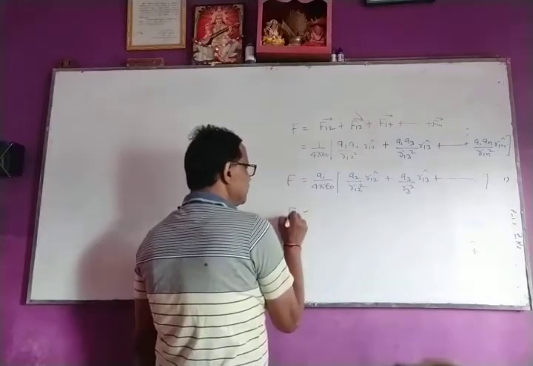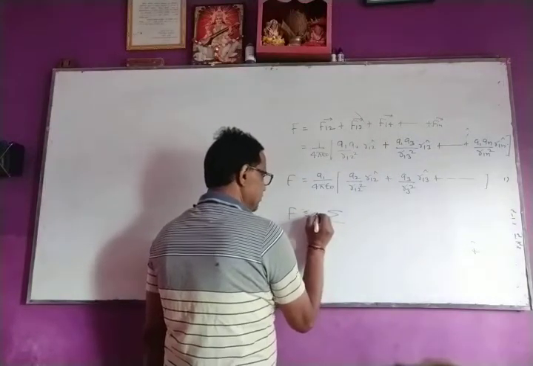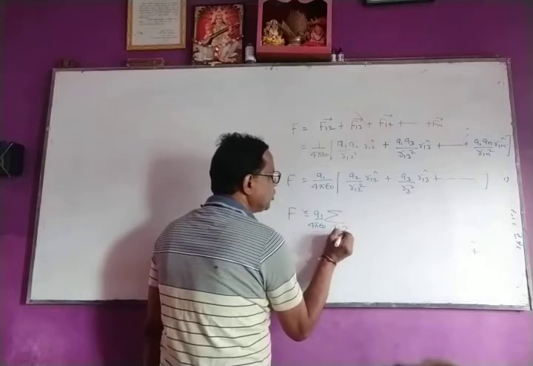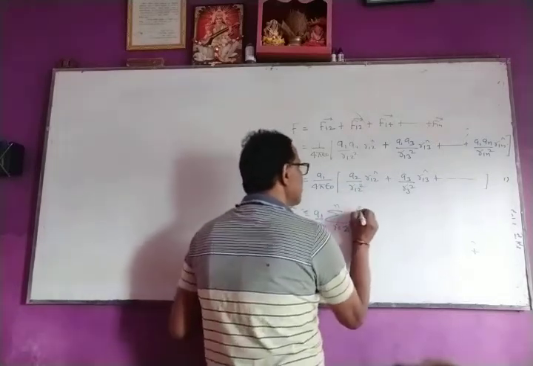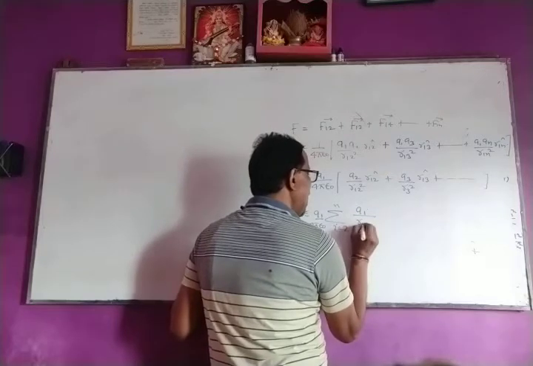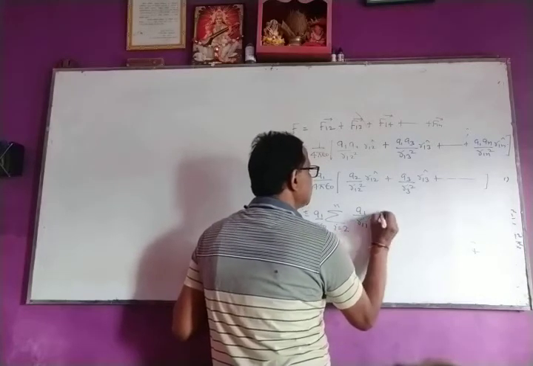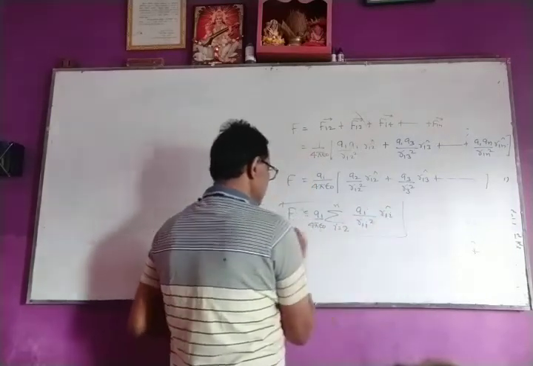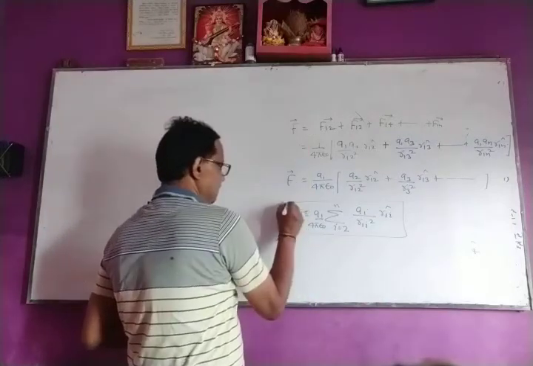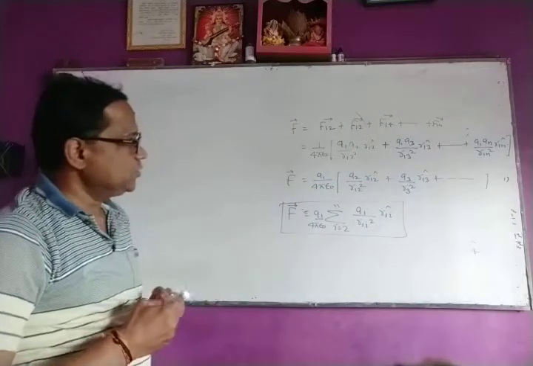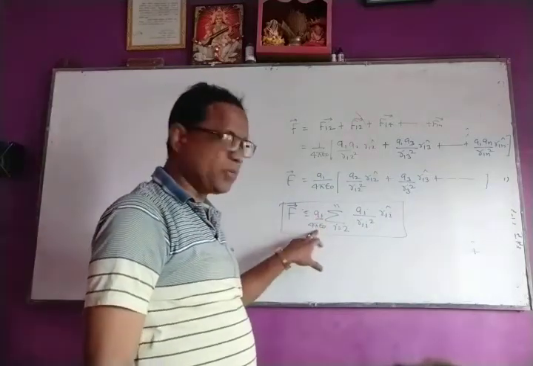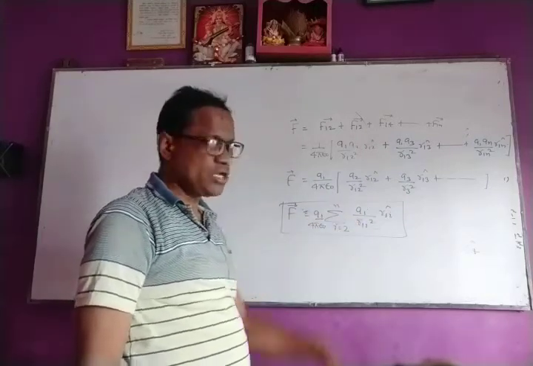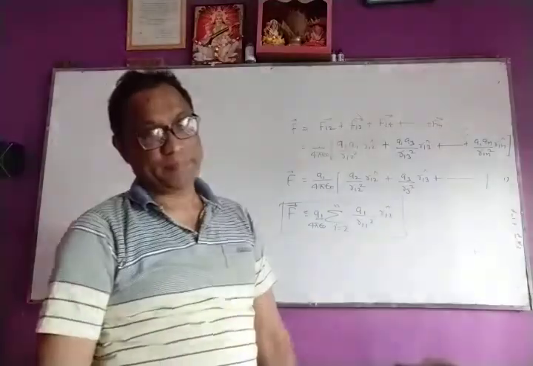So in summation form, q1 by 4 pi epsilon naught, summation with i from 2 to n, of qi upon r1i whole square into r1i cap.